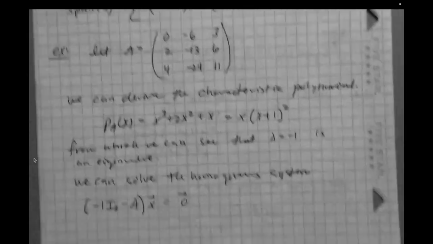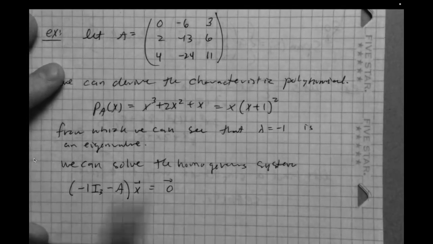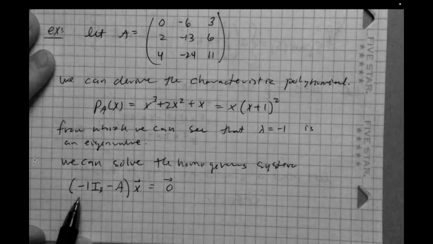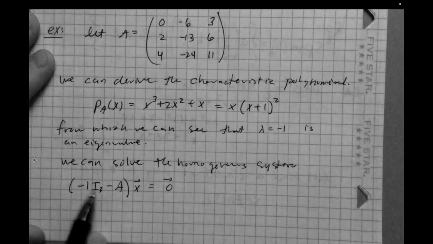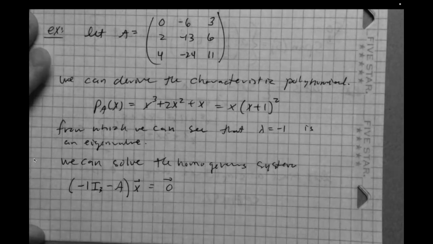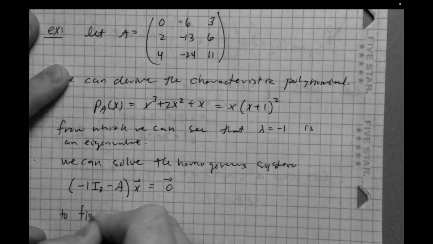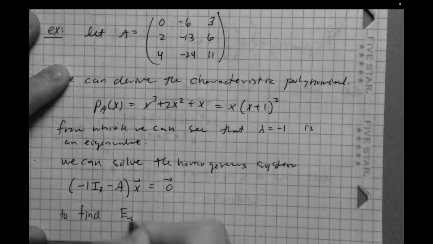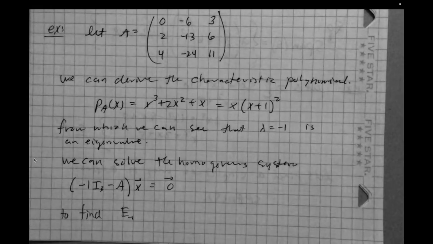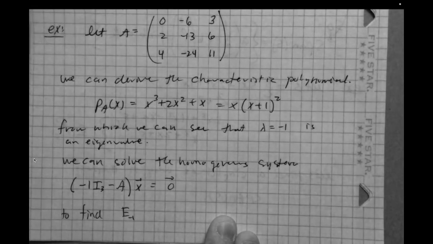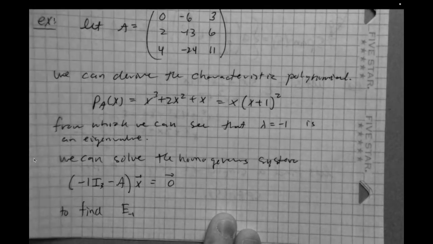That's the homogeneous system we're interested in. And what this will do is it'll spit out the eigenvectors for lambda equals -1. And that's basically going to dictate the eigenspace, right? Okay, so let's do this. Well, let's set it up anyways.